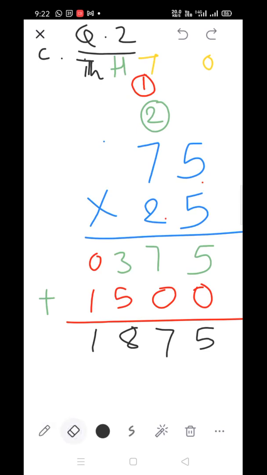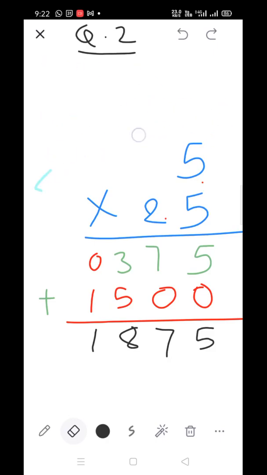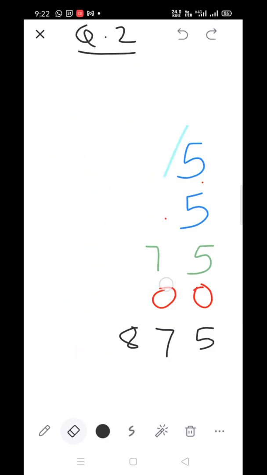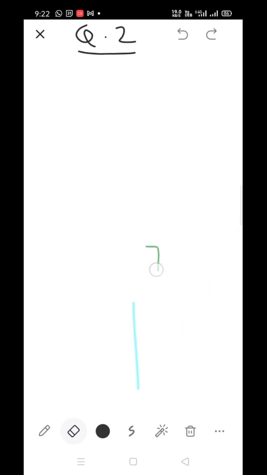I am going to read it so you can also focus on your textbook. F. Suhas distributed 53 pencils in the class. First, what is given? सुहास ने क्या किया? 53 pencils को distribute किया अपने class में.